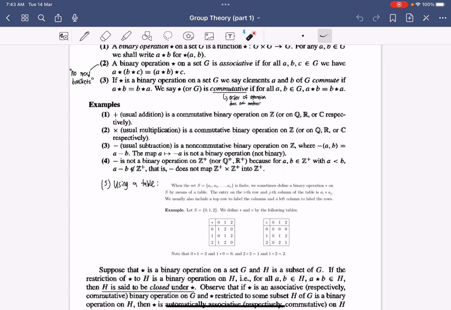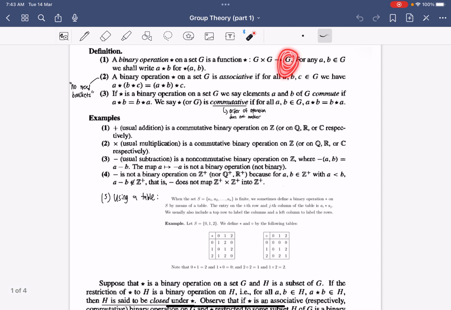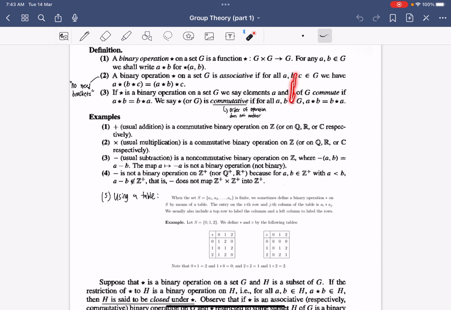And minus also is not an operation on the positive integers because 2 minus 3 equals minus 1, which lies outside the set. So you can see when something is a binary operation, it must still be contained within the set, and the properties of associativity and commutativity may or may not hold.